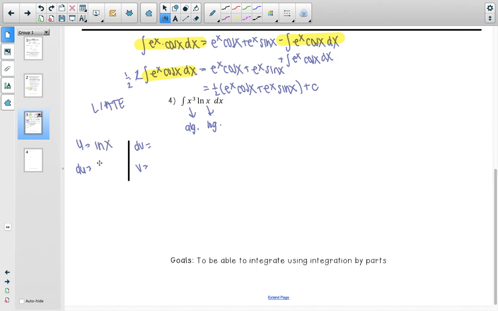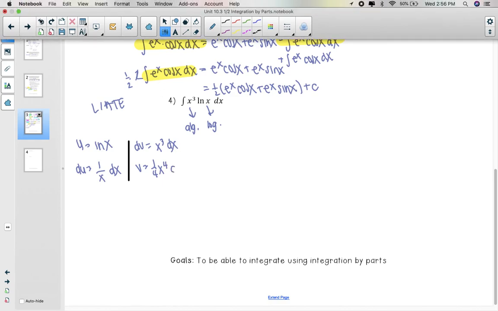And the derivative of natural log of x is 1 over x. Okay? And then we write the dx because we derived with respect to x. And then dv is whatever you're left with, so it's the x cubed dx, so that's all taken care of. Everything's accounted for. And if you integrate that, you're going to get 1/4 x to the 4th, and you don't need to write anything after that.